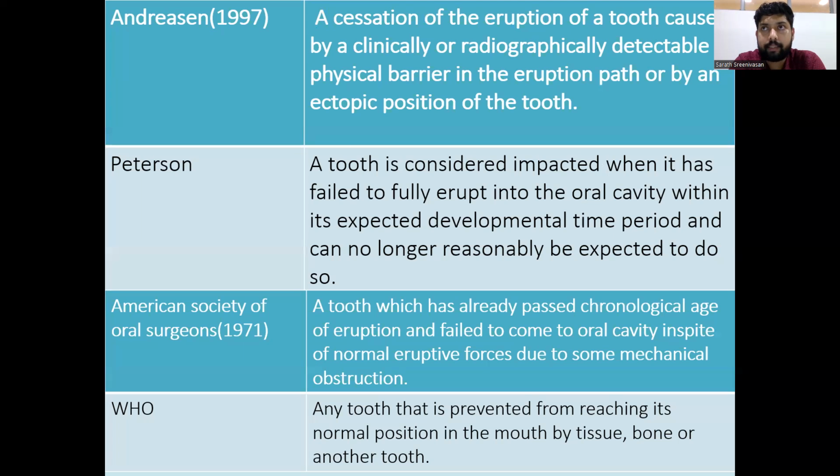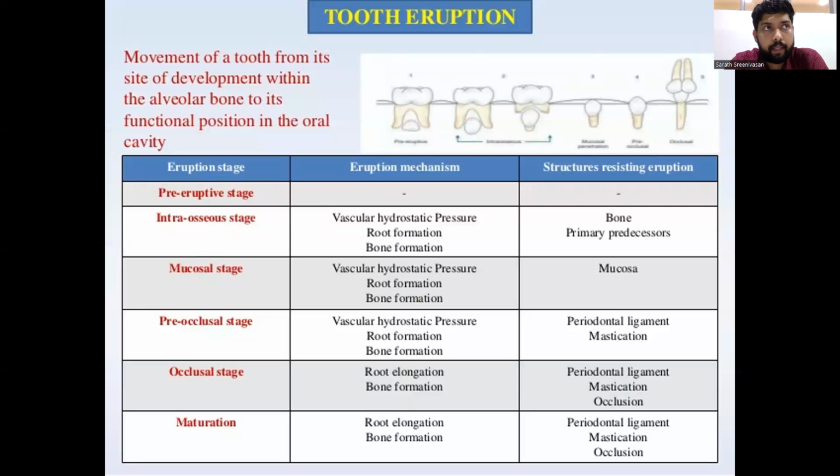All these definitions suggest, in some way or the other, a similar condition, but according to different authors the pattern or the definition is different, though everything refers to the same. Then tooth eruption.